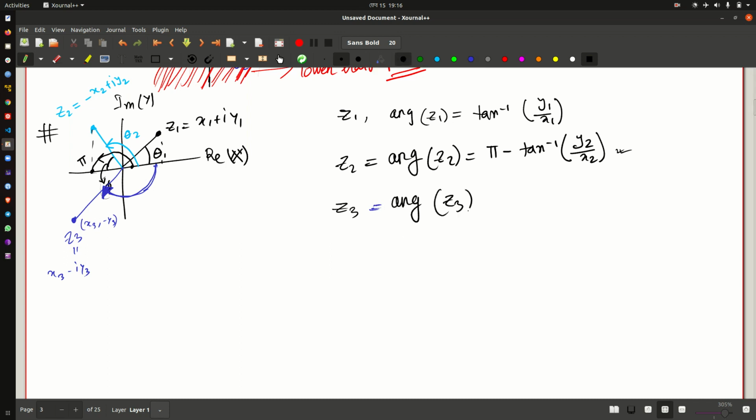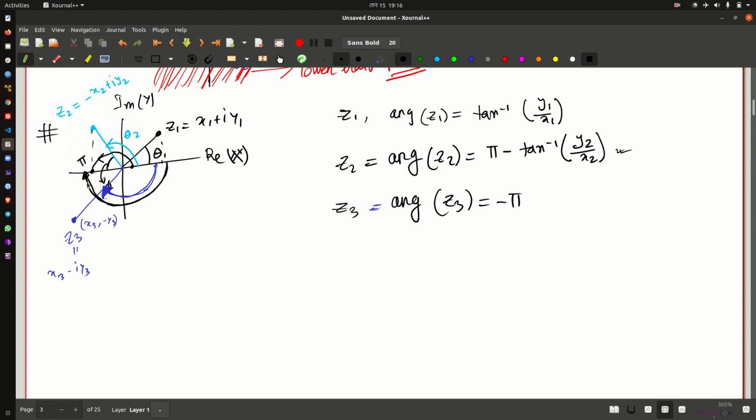Why is there a minus pi? Because you are rotating in the clockwise direction. Whenever you do a rotation, if you consider the clockwise direction as positive, then the anti-clockwise direction is negative. But conventionally, the anti-clockwise direction is always positive and the clockwise direction is negative. That's how the orientation goes. So that's why you need a minus pi over here, because first you have to rotate clockwise up to the negative real axis.